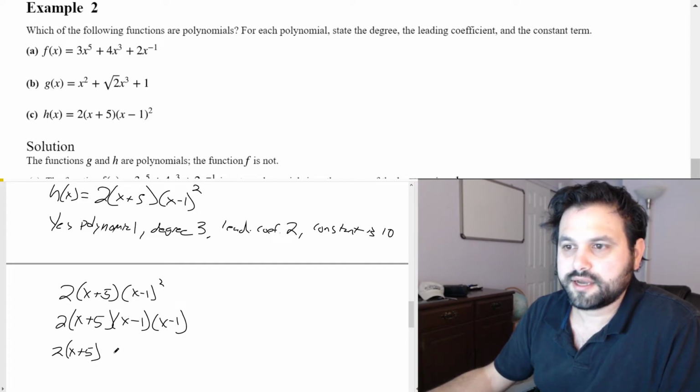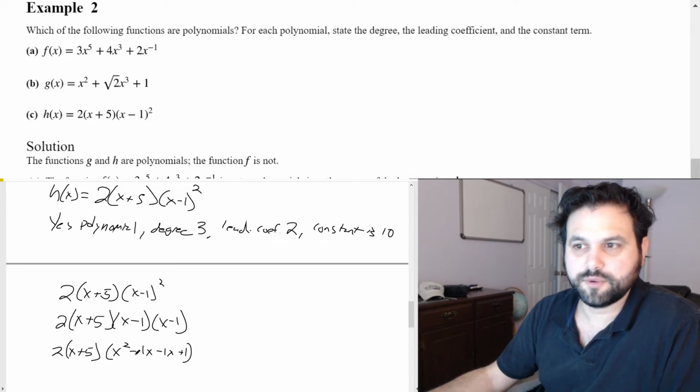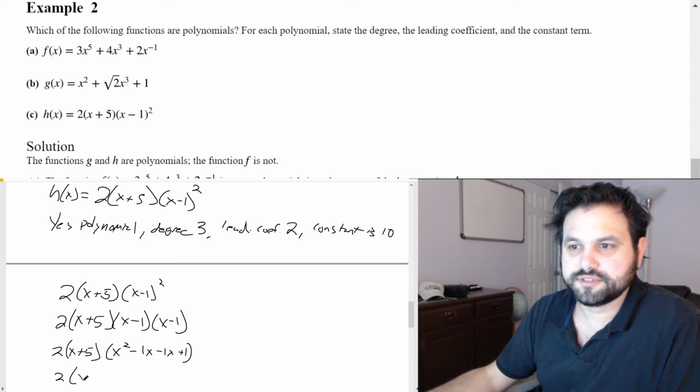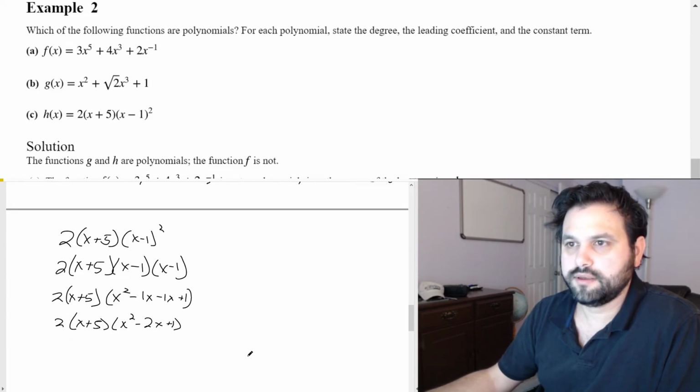So x squared minus x minus 1x and plus 1. Right, I just double distributed x minus 1 times x minus 1. I can combine those like terms. x squared minus 2x plus 1. Long way.